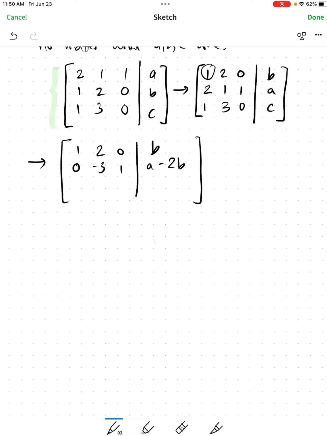And then we can do row 3 turns to row 3 minus row 1. Okay, now we're done with the first column because I have a pivot here and all the numbers below are 0. So what's the next step?